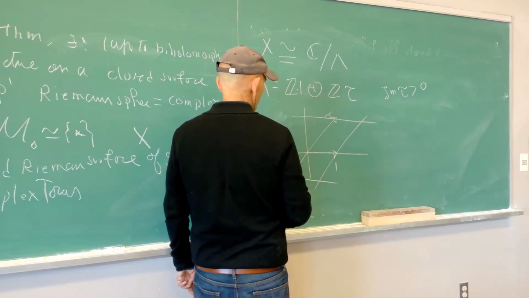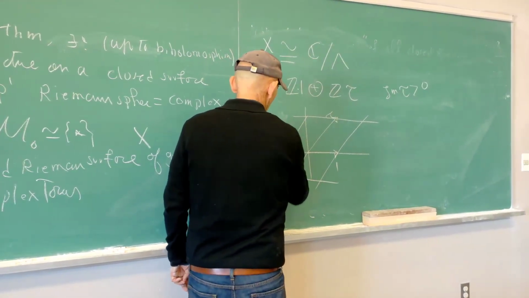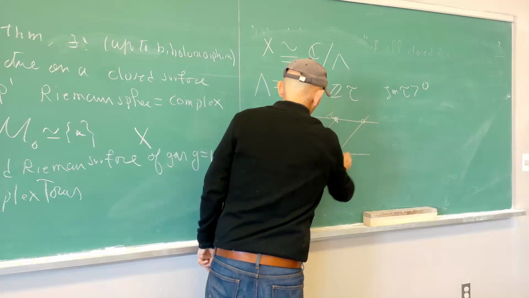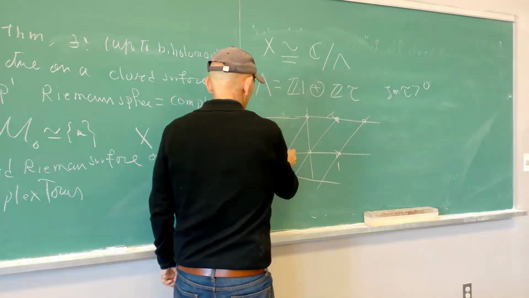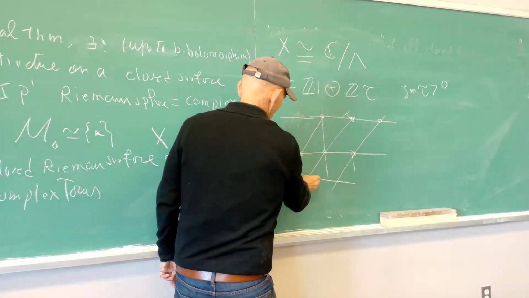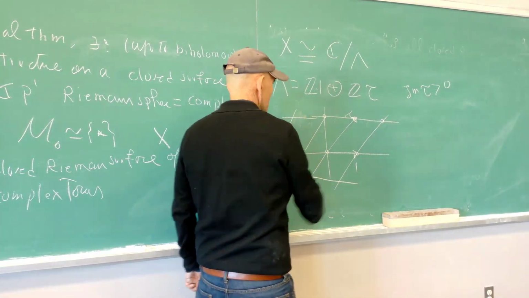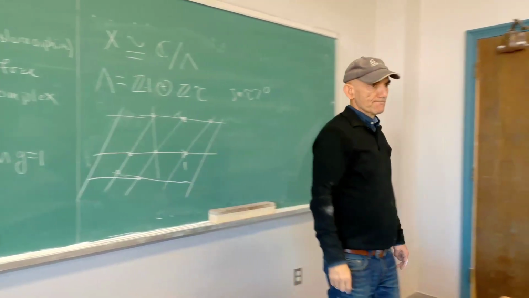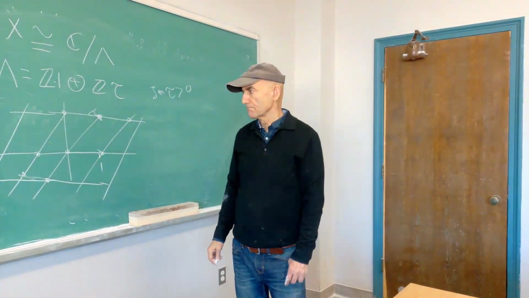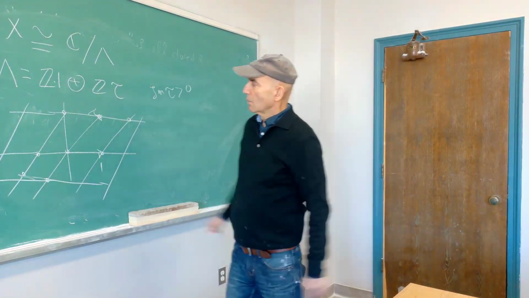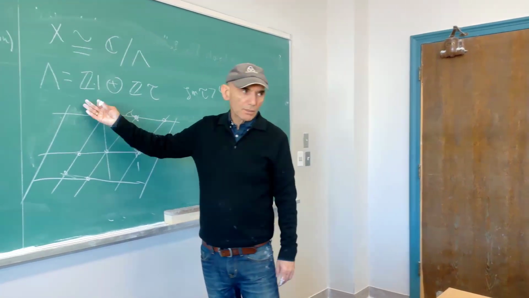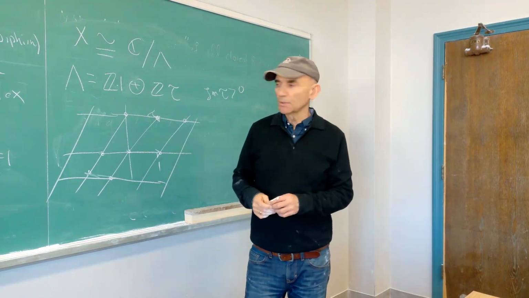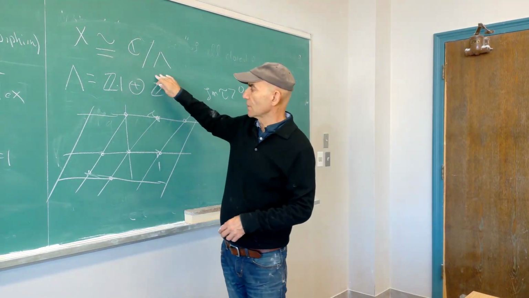C is a complex manifold itself, with the most obvious complex structure, and lambda is a discrete subgroup.